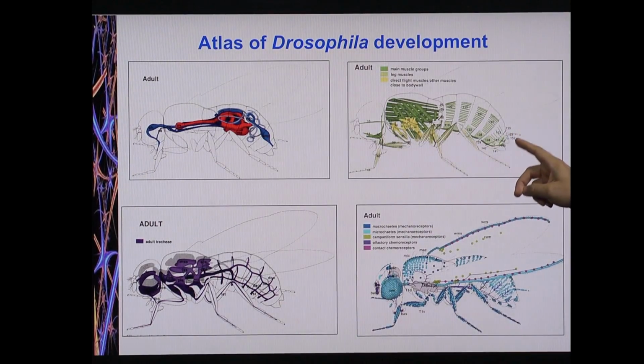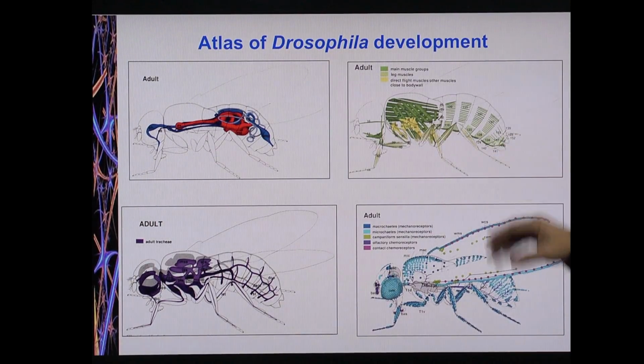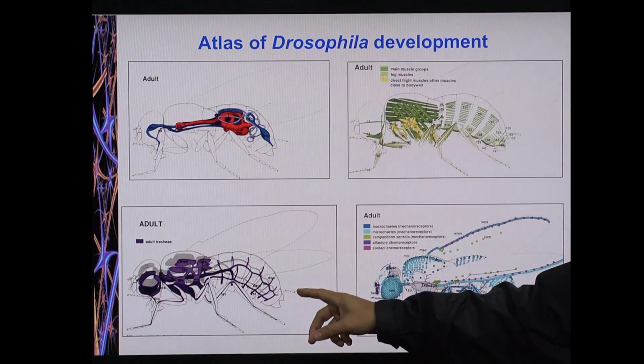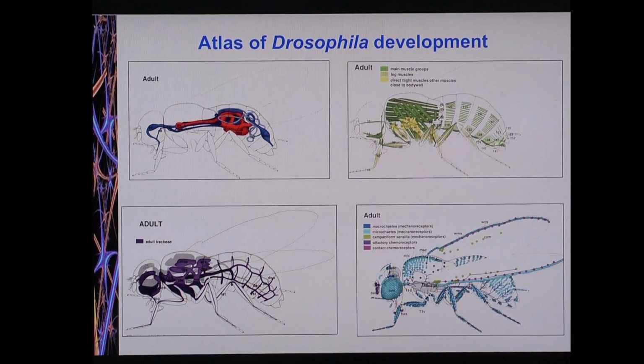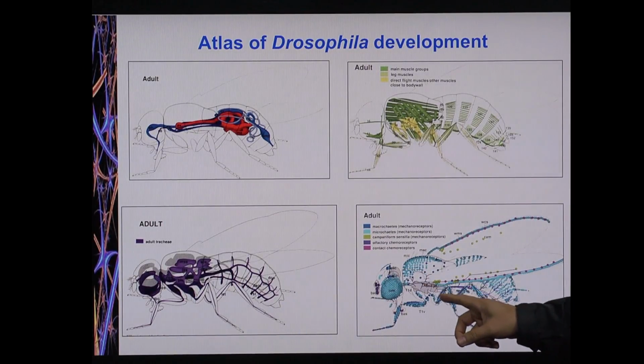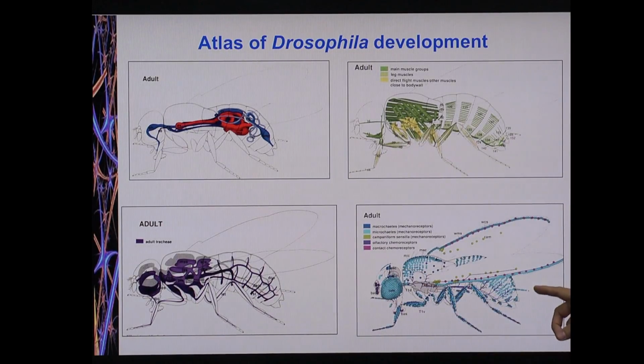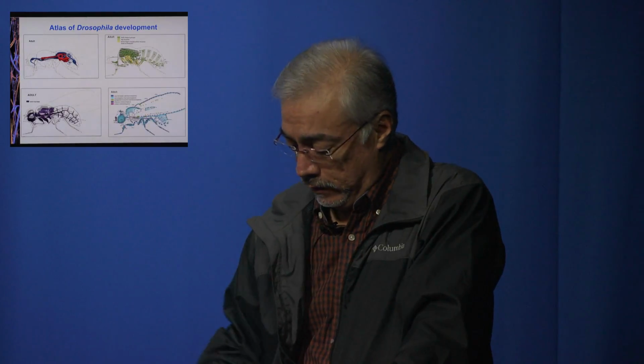We know all the muscles, where they are, where they connect. This is the respiratory system. We know the trachea, the nervous system. We know the brain is here in gray. And then the peripheral neurons are all in blue. So we know a lot of information. There are books and drawings and a lot of information regarding the anatomy and the biology of the flies.